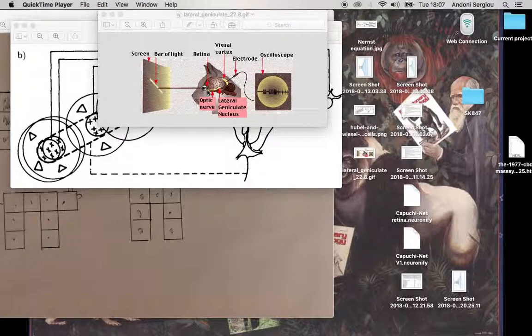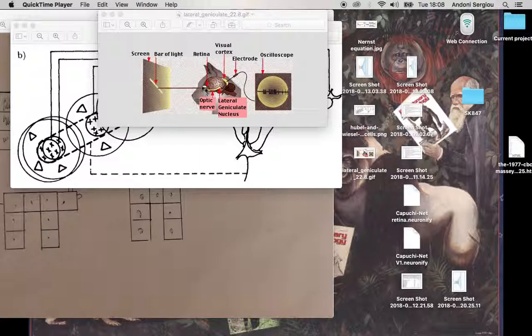At this point, it had actually already been known that light enters the retina. There's a layer of retinal cells that feed forward to bipolar cells and then onto retinal ganglion cells, and these then feed to a part of the thalamus inside the brain, and they cross over in the middle.